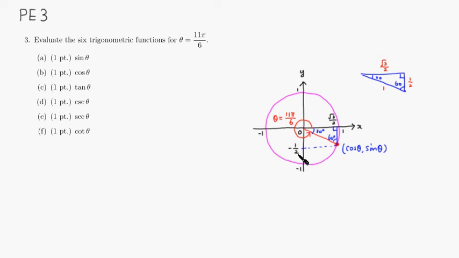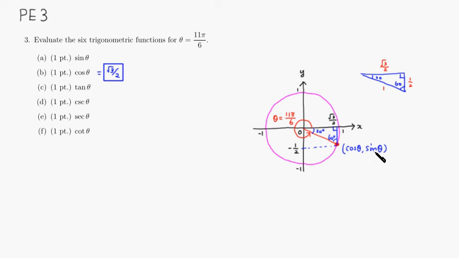So then we know what these values are. Cosine is the x-coordinate, which is square root of 3 over 2.